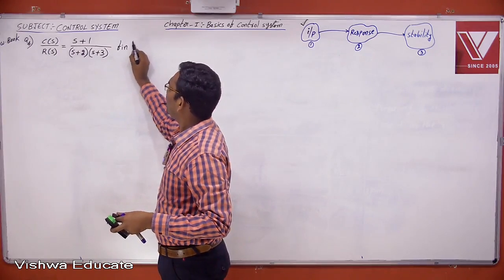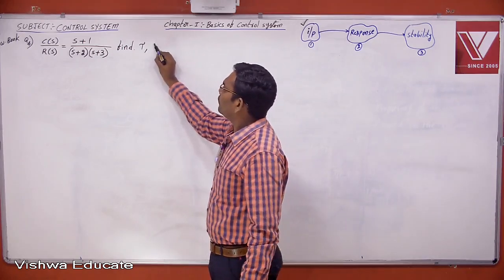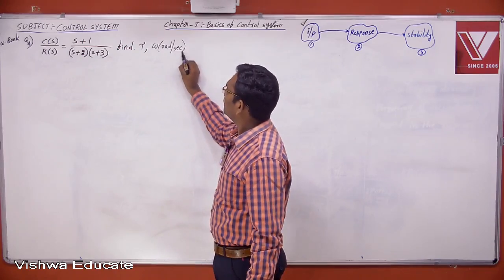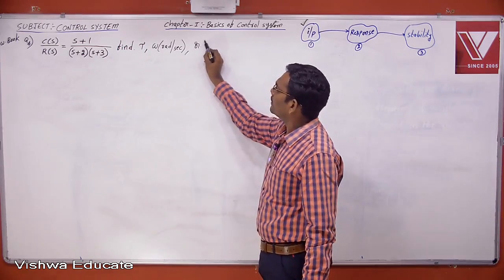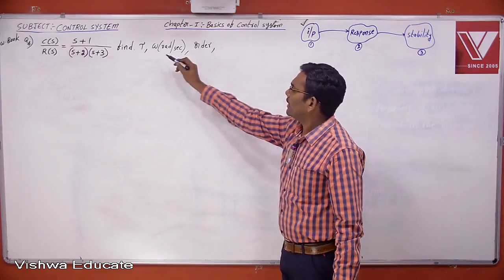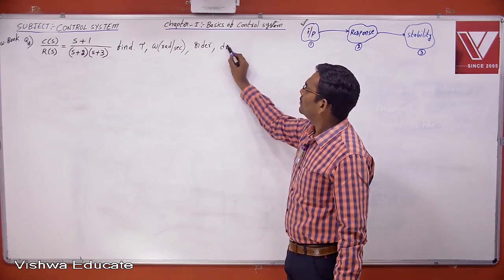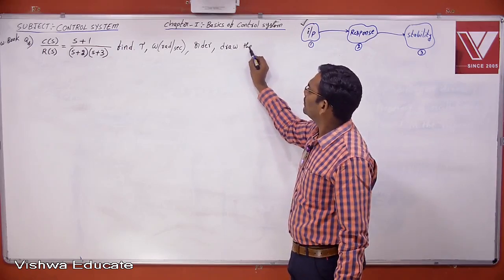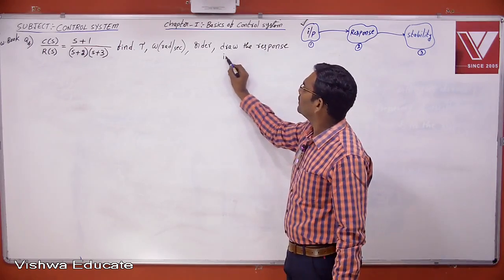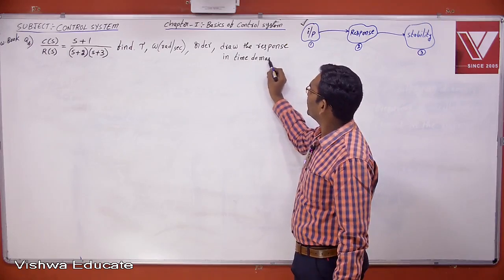The question is: find the system time constant, find the frequency of oscillations present in the response, find the order, and draw the response in time domain.